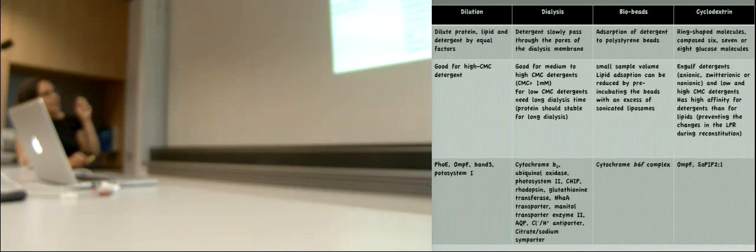And it has a higher affinity for detergent than for lipids, so it won't change the LPR during the reconstitution process. There are some structures using this cyclodextrin. In our lab, we also have a cyclodextrin robot, so you can look around at that too.